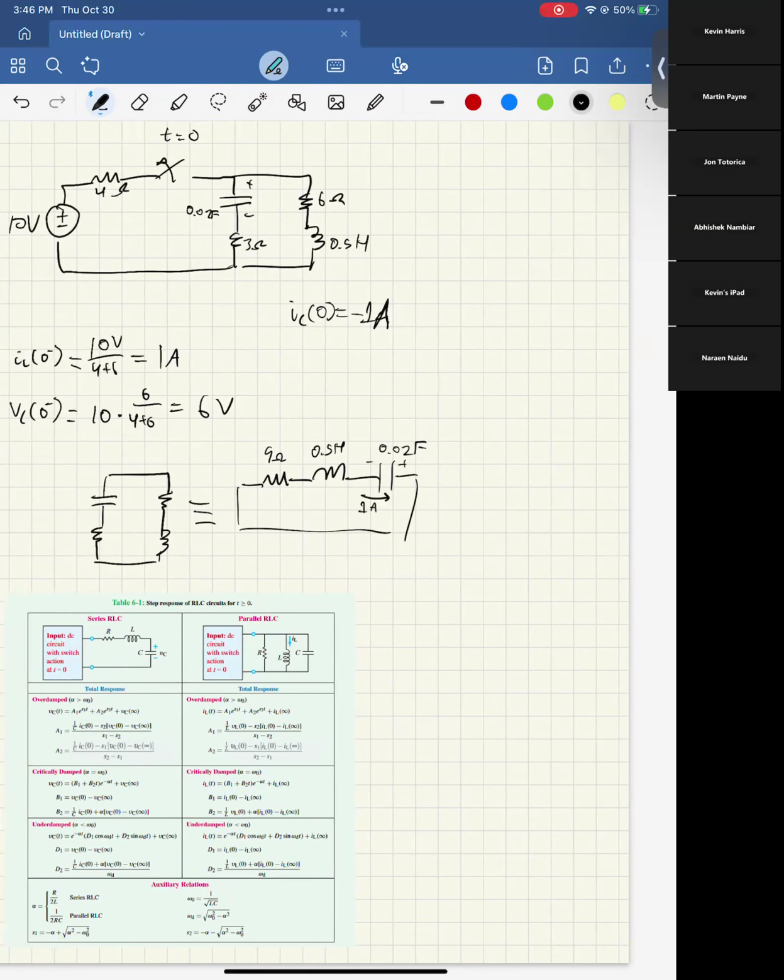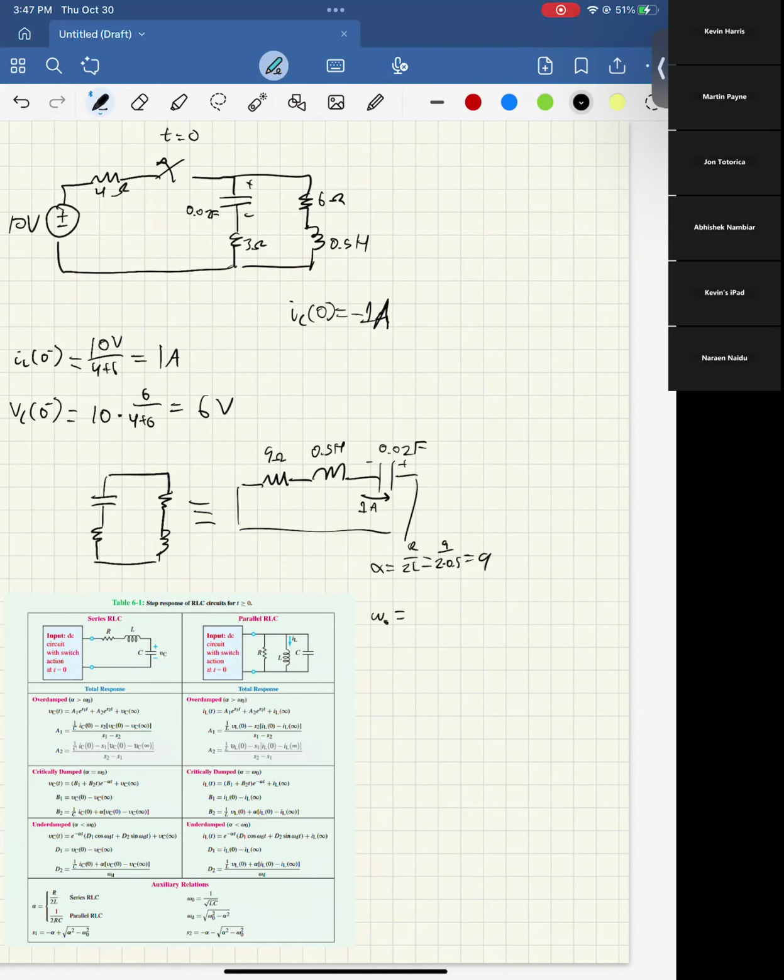Now we have to figure out what equation we're using, so we're going to use the stuff from before, the equations on the bottom. This is series RLC, so alpha equals R over 2L, which is 9 over 2 times 0.5, which is just 9.